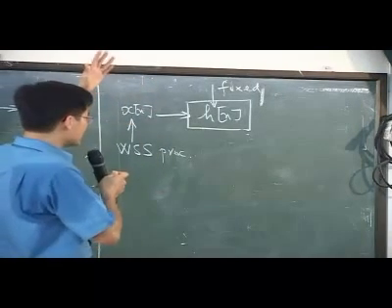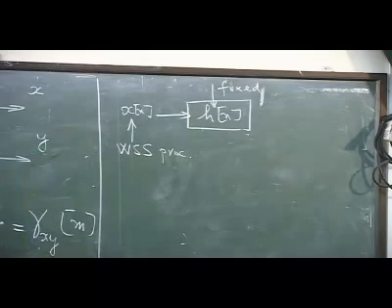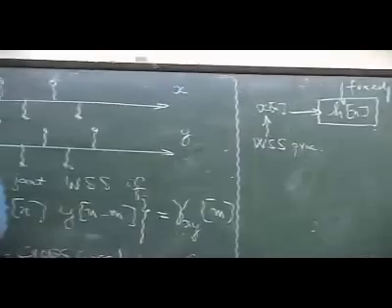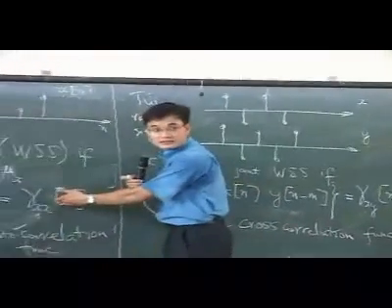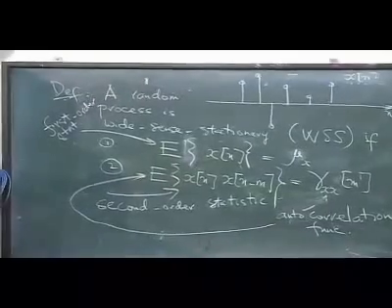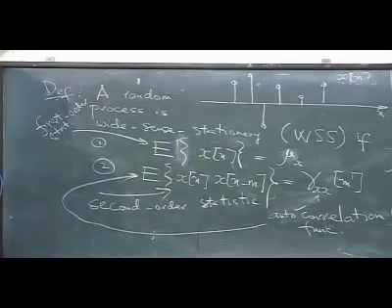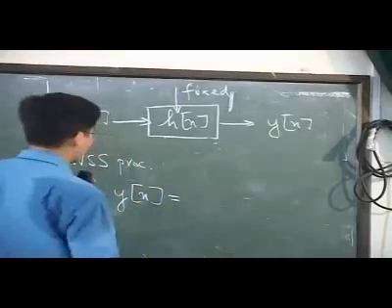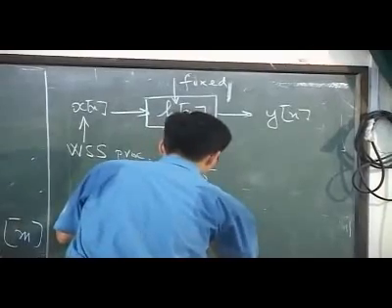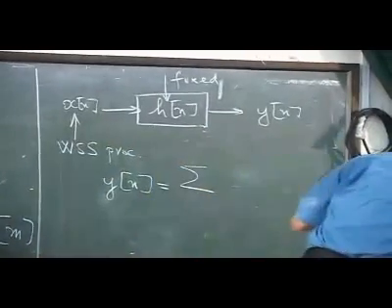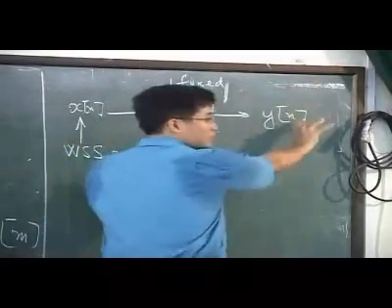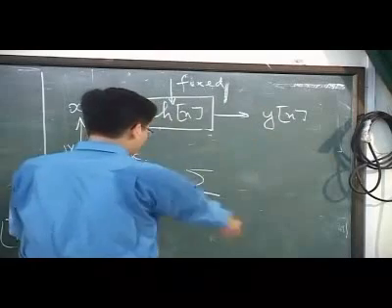I don't know what it is at any instant, but I can describe it using these two quantities, the mean mu_x and the autocorrelation gamma_xx. So I put this in here, a random variable, and the output is y[n]. Before that, let me define this: give me a signal, I can compute an output.